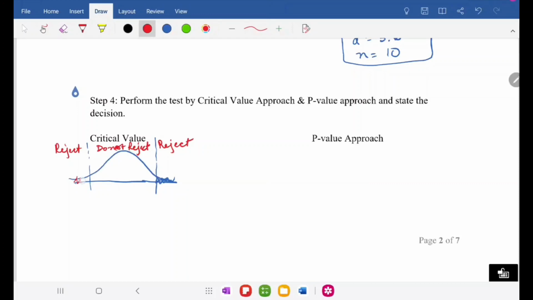We drew the same picture above, so it's no harm repeating it and reinforcing it. These are the critical values, positive and negative t of 0.025 with df equals 9. The formula for the df for paired samples is df equals n minus 1.